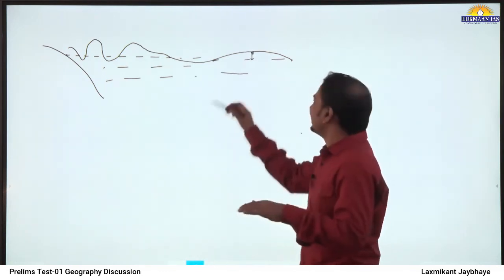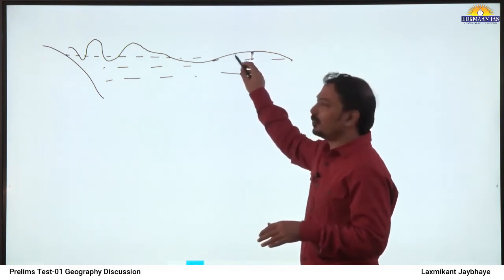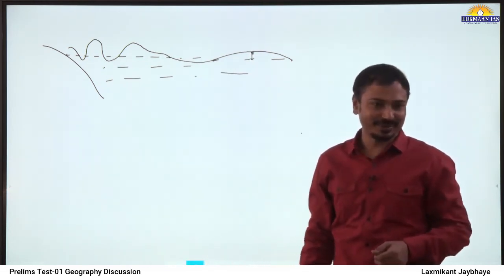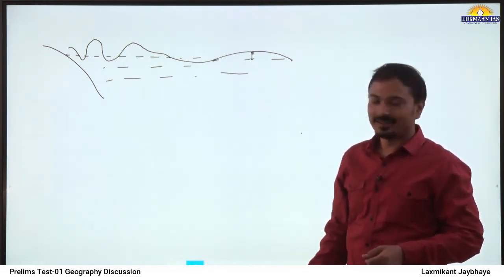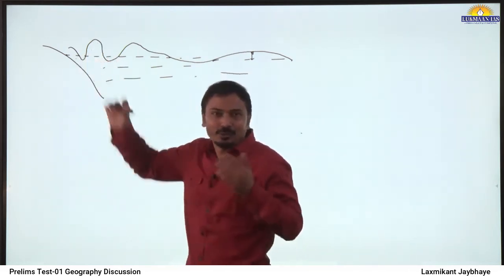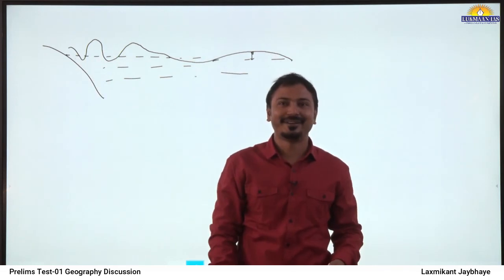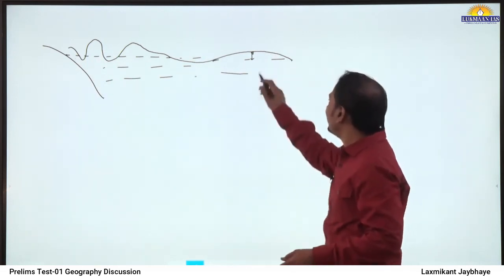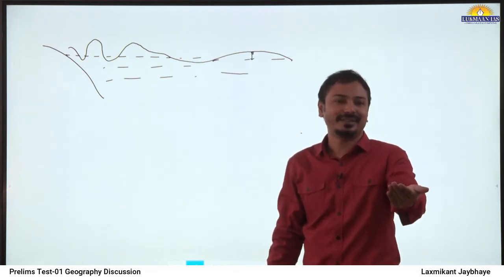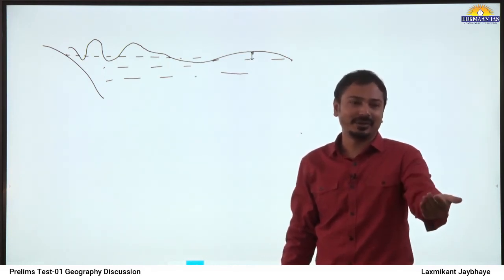So suppose there is one ship here and one ship here. Which ship will understand there is a tsunami wave? Suppose one ship is near the coastal area, it will be moved up and down completely, right? But here it does not even recognize it, because there are already deep sea waves.